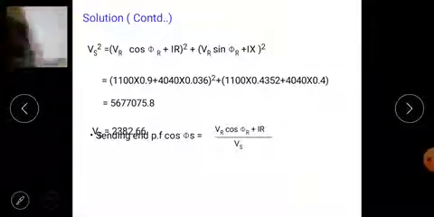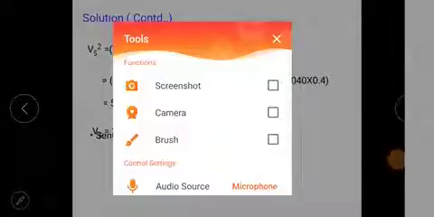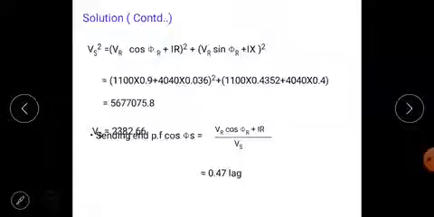So we have discussed different types of problems on short transmission lines.